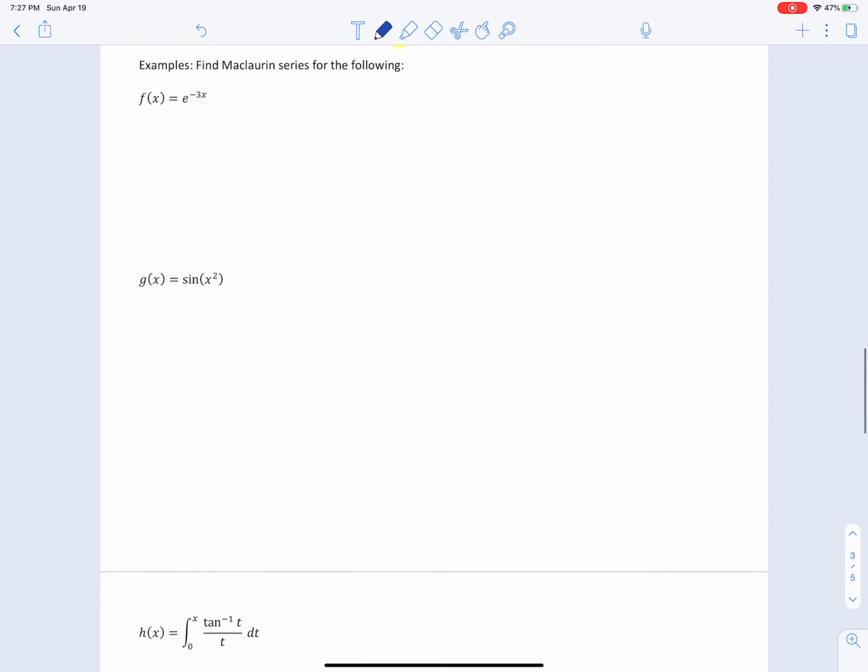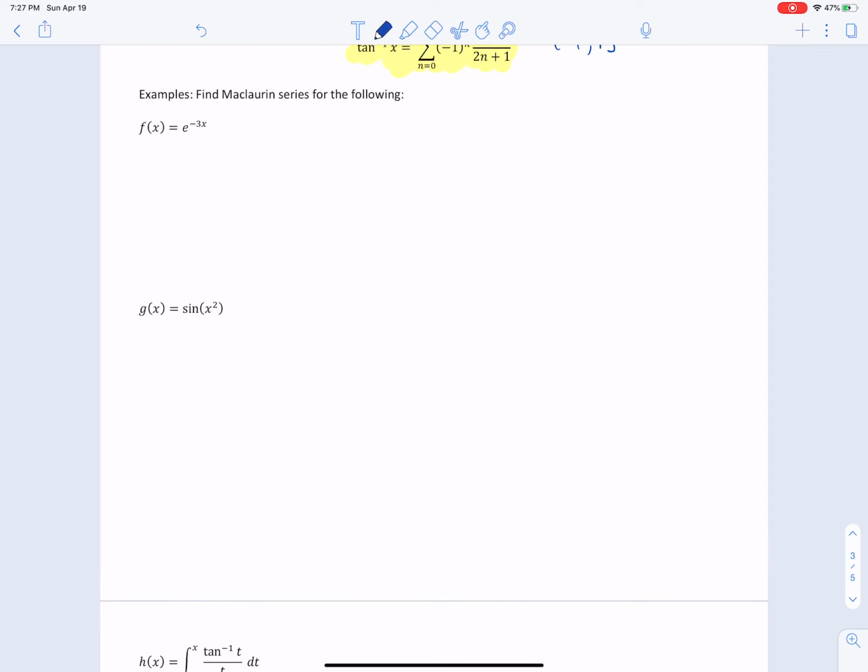First off, we're going to find a Maclaurin series for the function e to the minus 3x. So again, just a reminder, e to the x has Maclaurin series summation n equals 0 to infinity, x to the n over n factorial. And so the thing that's going on here in this example is that we've replaced x with minus 3x.